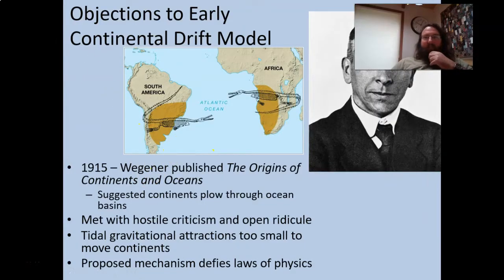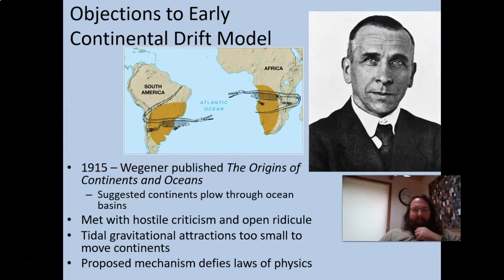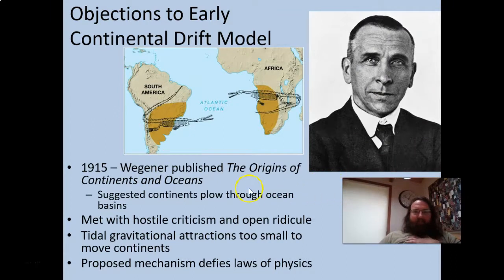In 1915, Alfred Wegener published the continental drift hypothesis in a piece called The Origin of Continents and Oceans. He was quickly laughed out of the room. Reason being that tides are not going to be able to move continents, and it turns out basalt, which the seafloor is made of, is actually pretty darn rigid. It's going to be very hard to plow through it.